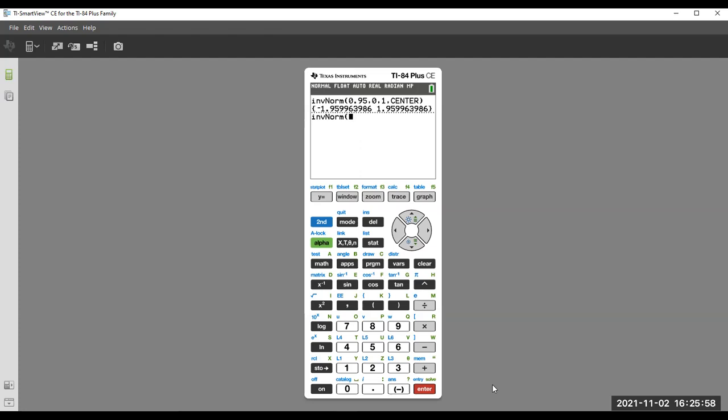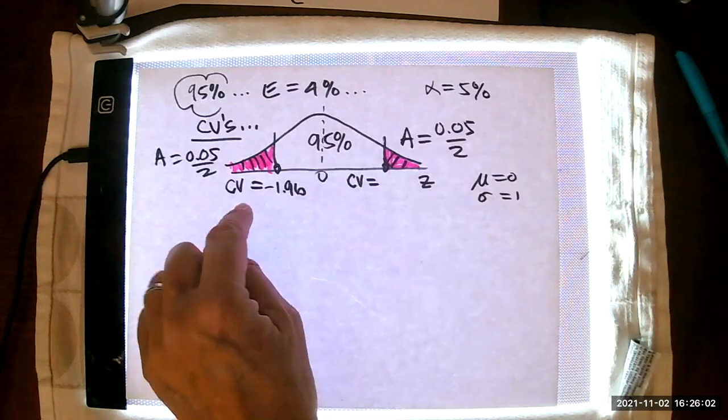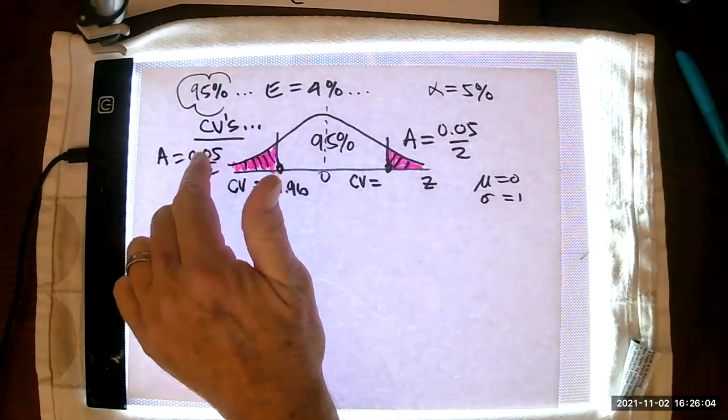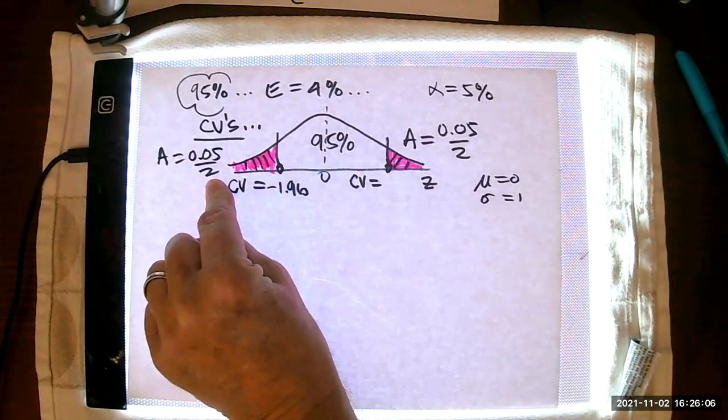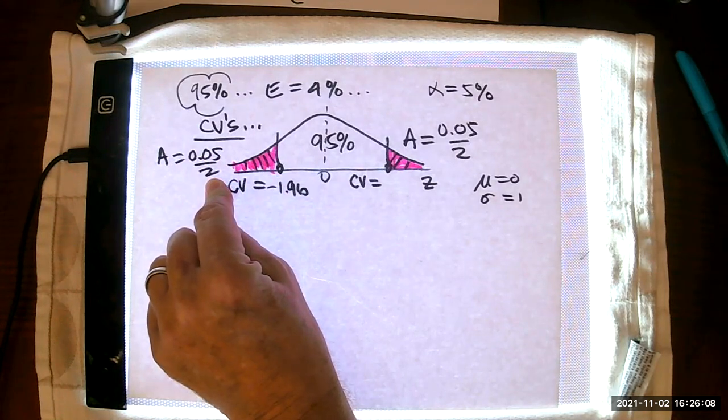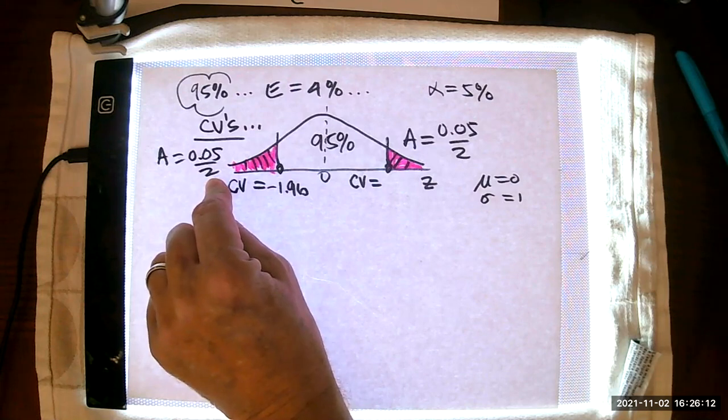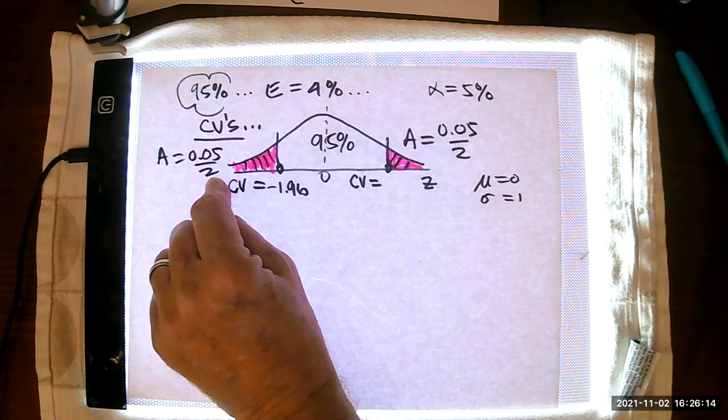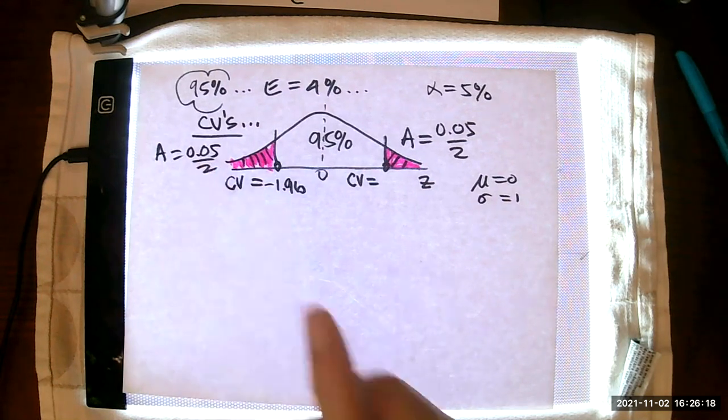So that little bit of area, let me stop my sharing for just a moment. This little bit of area here, 0.05 divided by 2. Now, some of you, I'm sure, can get to the correct decimal value of 2.5 cents, if you will, without a problem. Other people might have an issue with that. If you remember divide by 2, your calculator is more than happy to help.